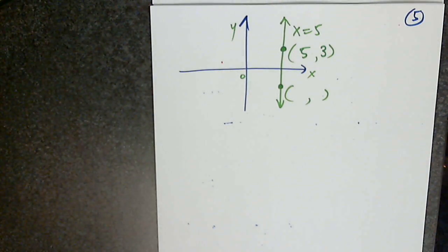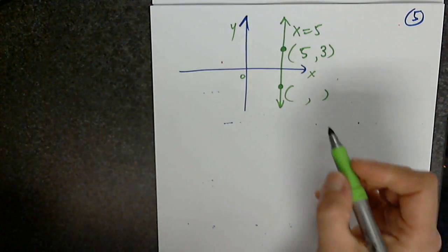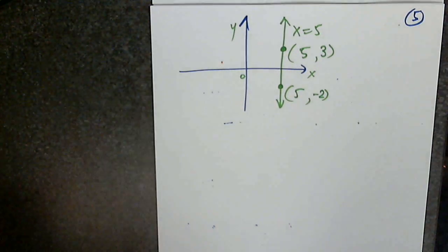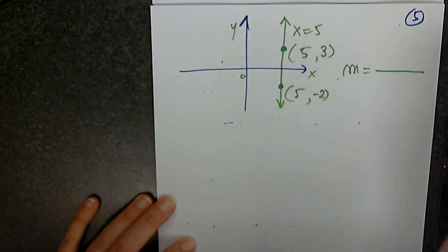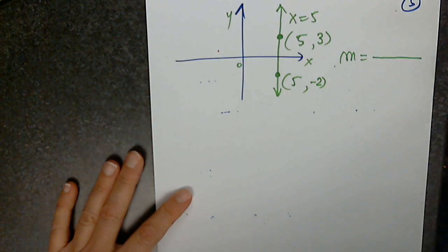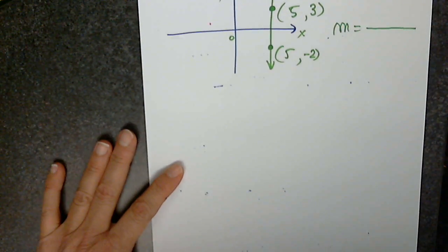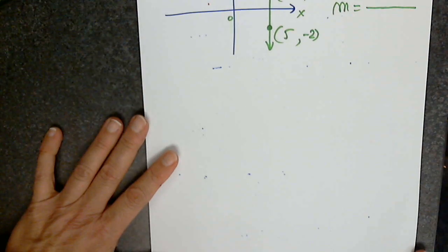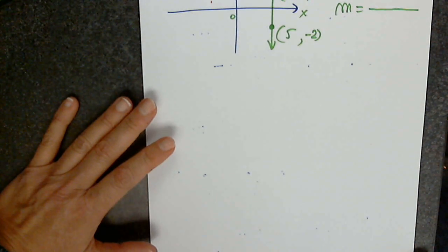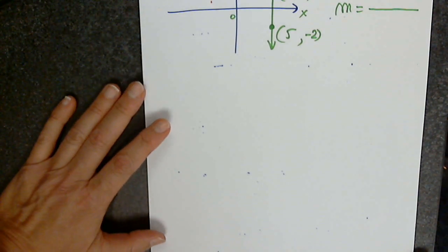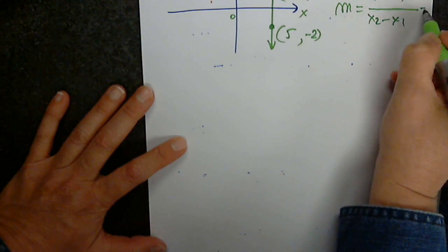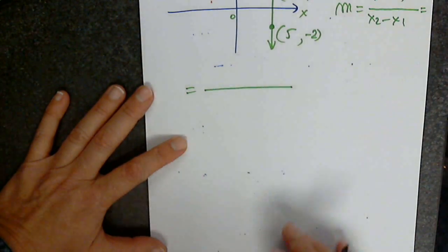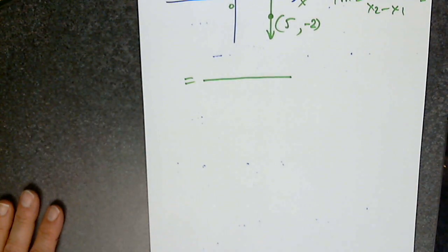Excellent. And 5, -2. Excellent. And I would like you to write or find the slope for us. What is the definition of the slope? How do we define the slope? What is the formula? We have to repeat it and repeat it and repeat. y2 minus y1 over x2 minus x1. M equals. Excellent.